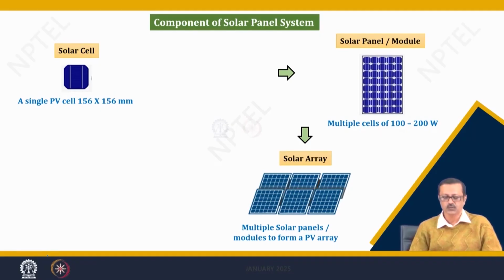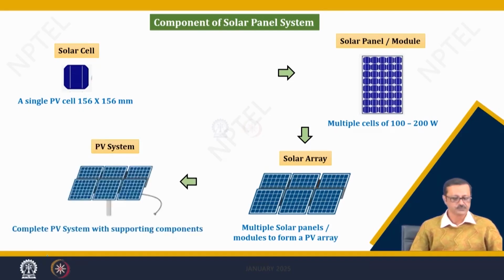These solar arrays are typically a design factor: how much empty or siting area I have, how much area I have in the south facing or west facing. Those are the typical requirements. And finally, those array systems will have supporting systems, some kind of mounting systems and all.